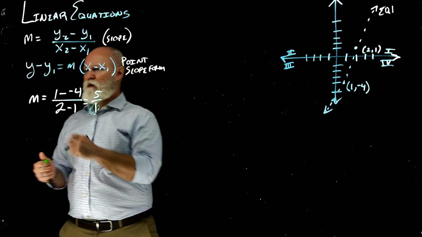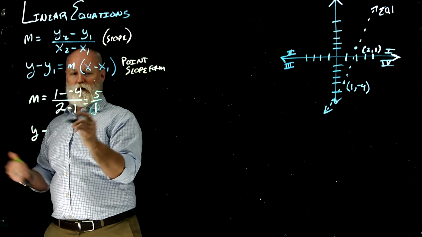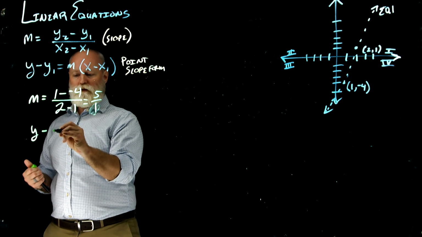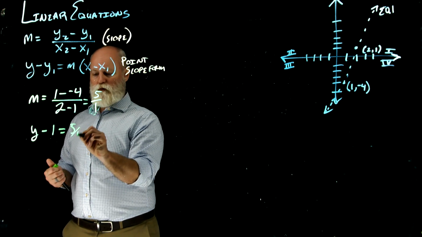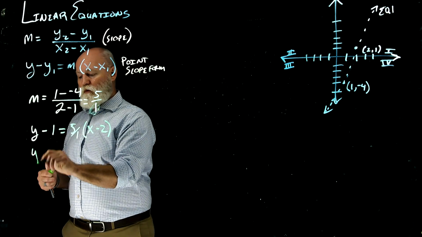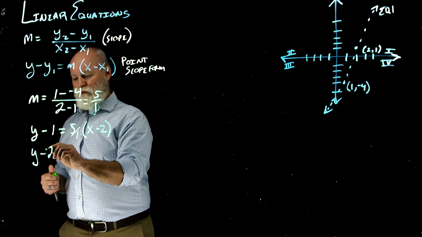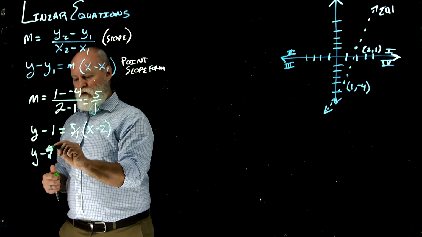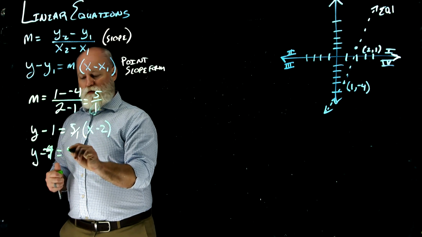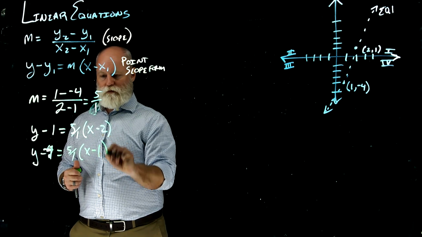What else can we do? We can use our point-slope form here. It doesn't really matter which point we use: y minus 1 equals 5 over 1 times (x minus 2). Or you could do y minus negative 4 equals 5 over 1 again times (x minus 1).